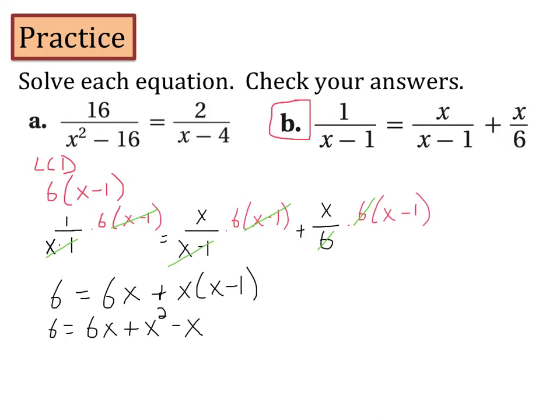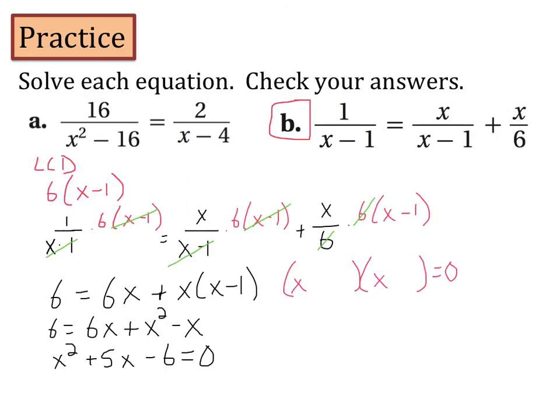Let's put this whole thing in standard form. Let's have x squared plus 5x minus 6 equals 0. I want to factor this, so I'm going to make two binomials. I'm going to have an x and an x.